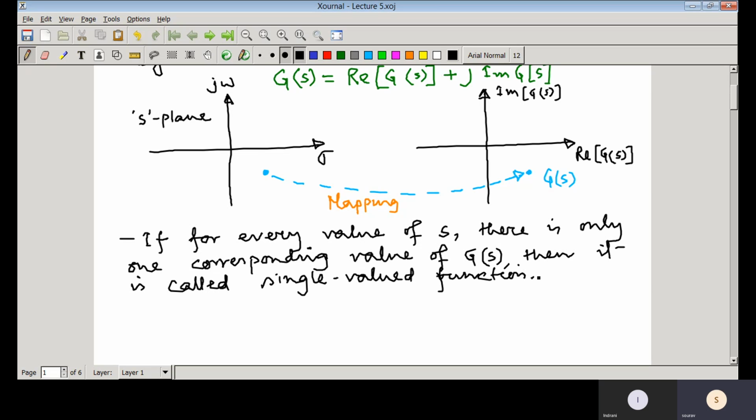Now, if we consider the reverse mapping, that means whenever you take a point here and go back to the s plane, and if the mapping from G(s) to the s plane is also single valued, then it is called one-to-one mapping.